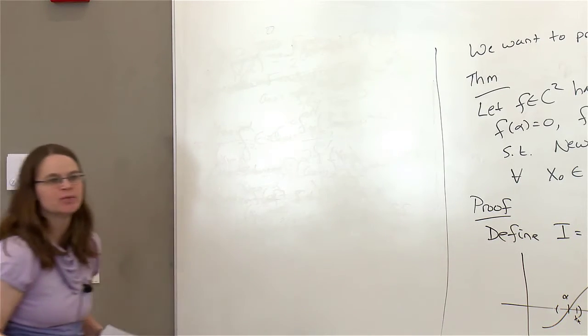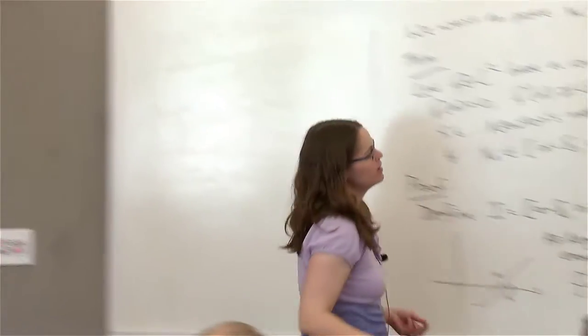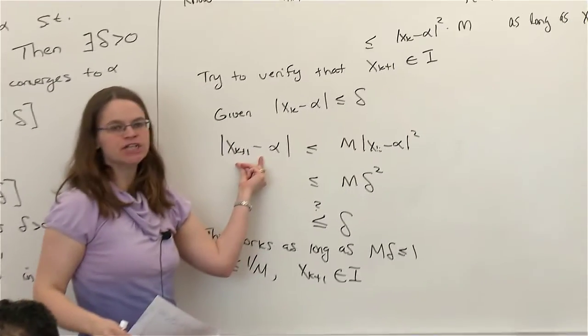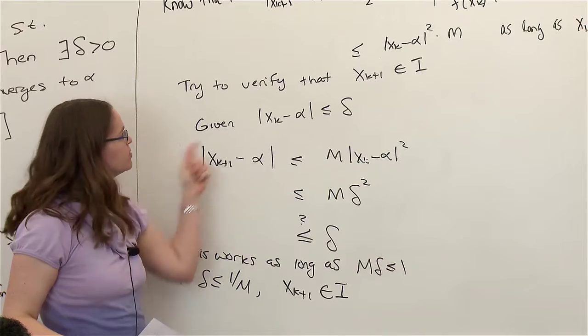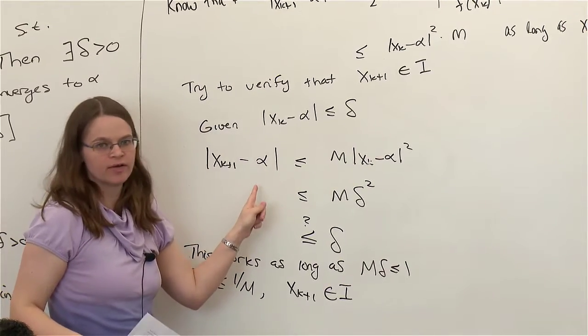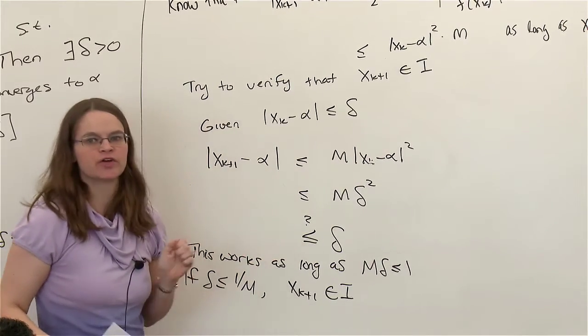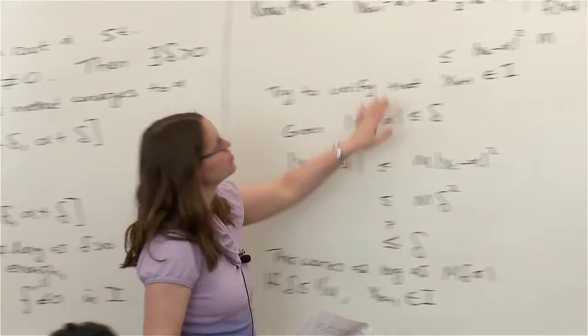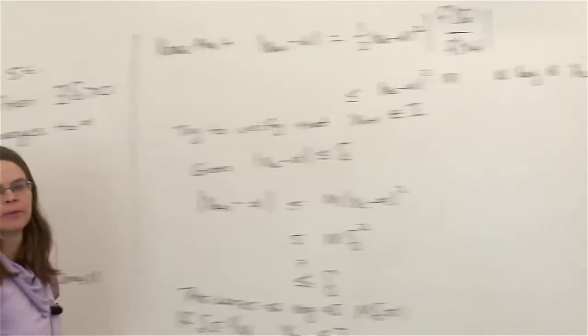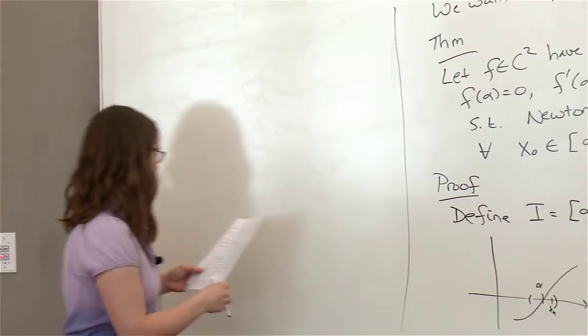Okay, so we need to do a little bit more. We need to know not only that this stays less than delta, what we actually need to show is that this difference goes to 0 as k goes to infinity. That's what we need to show for convergence. But now I'm in business. I can start using this estimate iteratively. So what do I know?